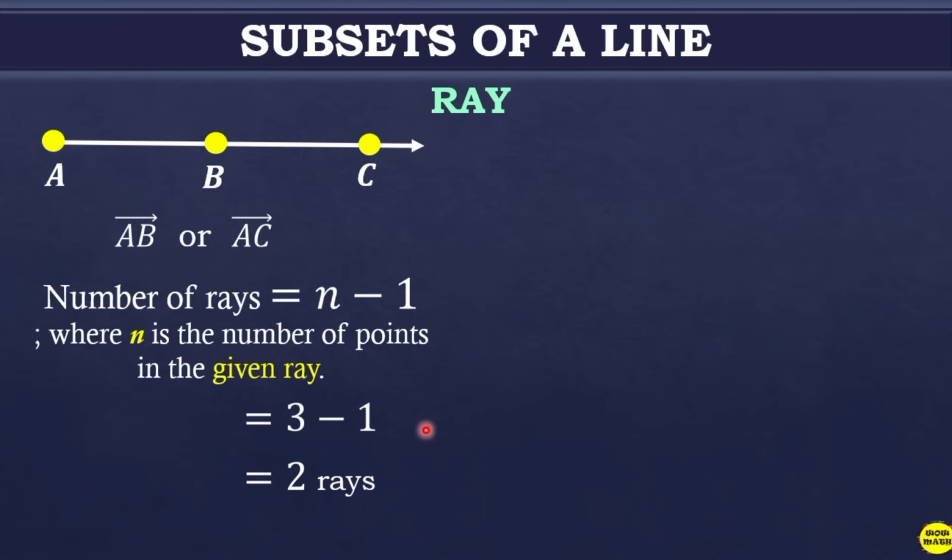Now, iba po yan kapag line po ang given natin. Actually, meron din po tayong ray kapag line po ang given natin. So, ito pong formula na to ay gagamitin lang po natin kapag ang hinahanap natin na bilang ng ray ay ray po yung figure. So, iba naman po kapag line. Okay?